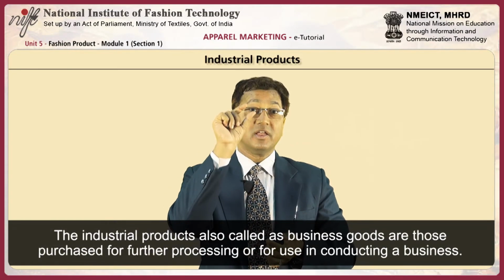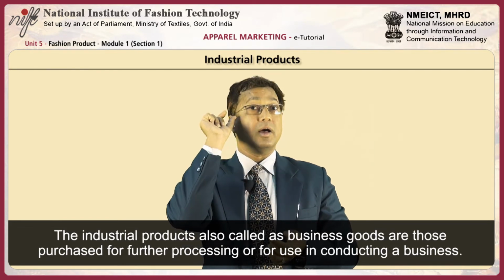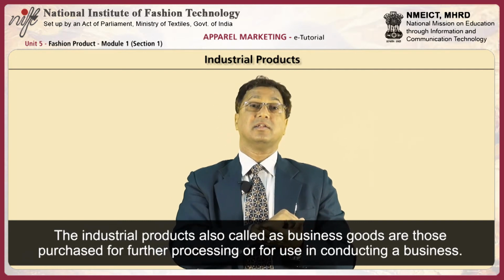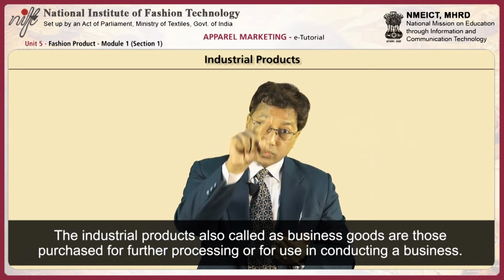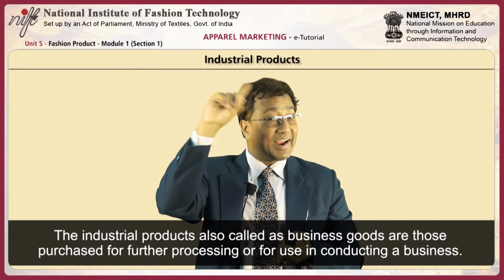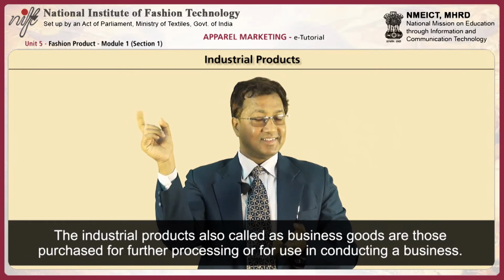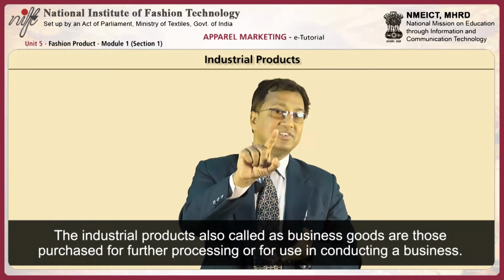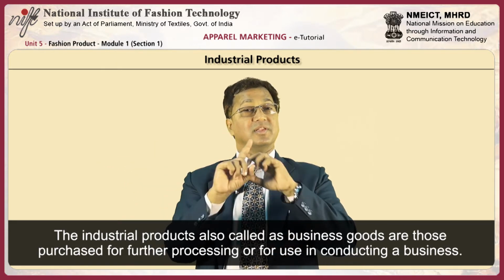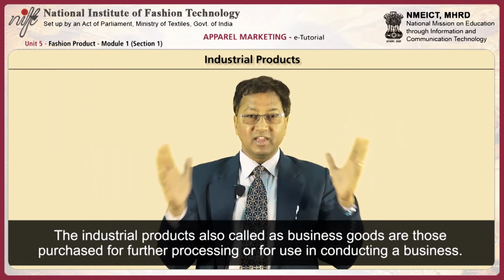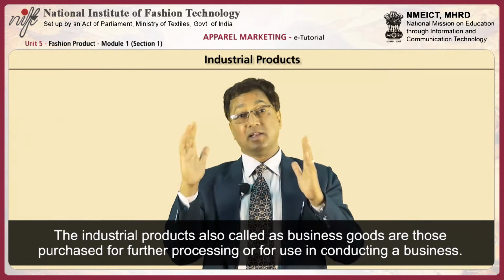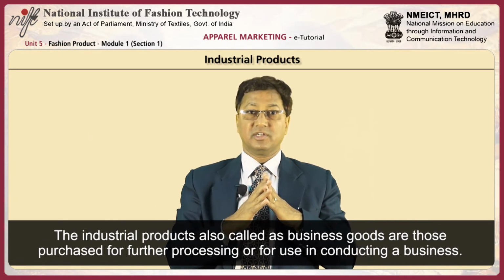If the same consumer buys the same steam iron for use in a garment manufacturing factory, the same steam iron is an industrial product. So, that is the reason why we have to clearly distinguish between a consumer product and an industrial product.